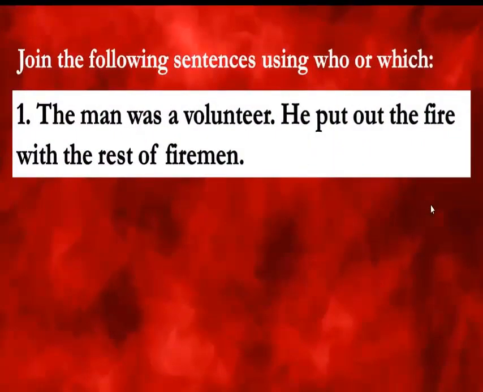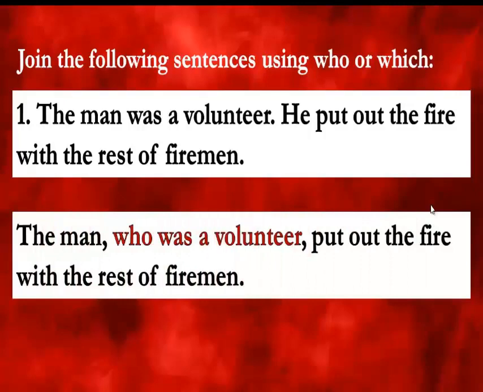He put out the fire with the rest of firemen. The correct answer: the man, comma, who was a volunteer, comma, put out the fire with the rest of firemen.